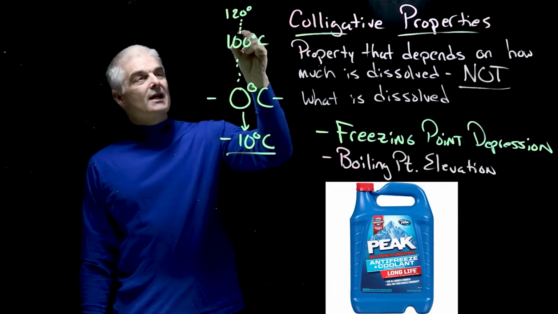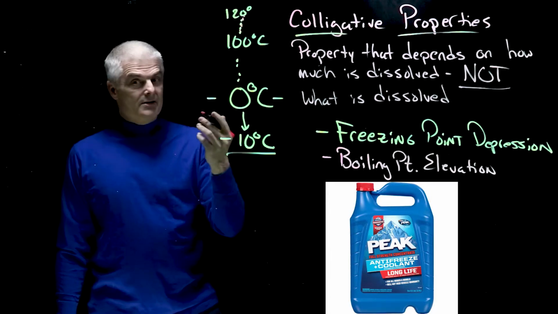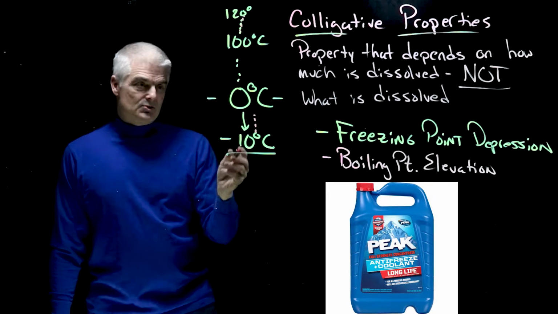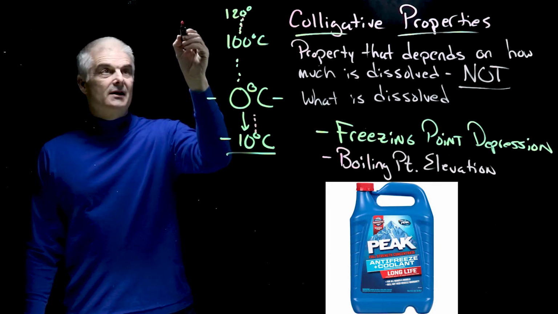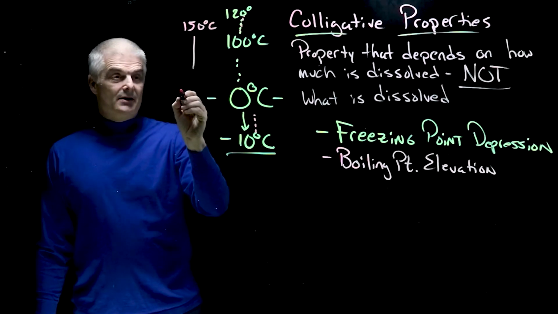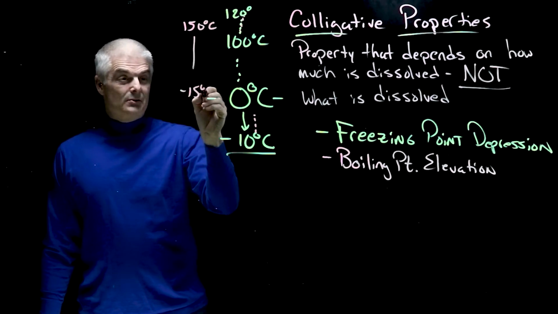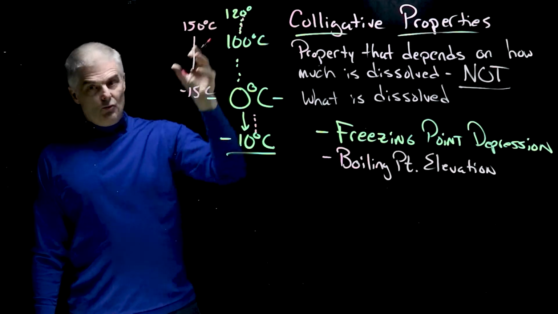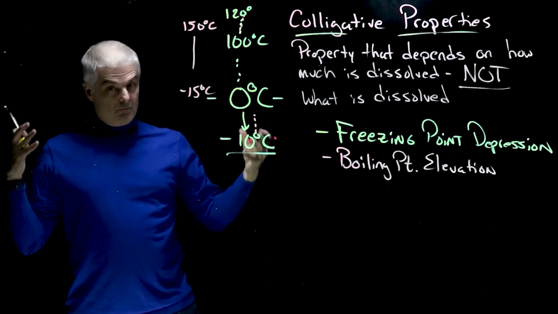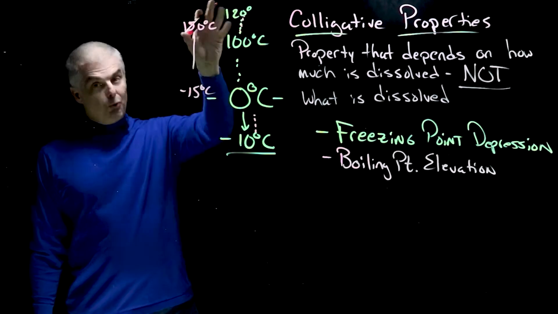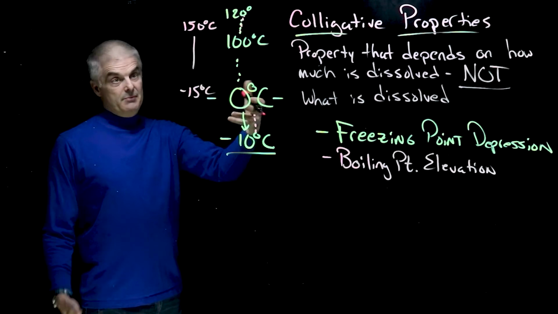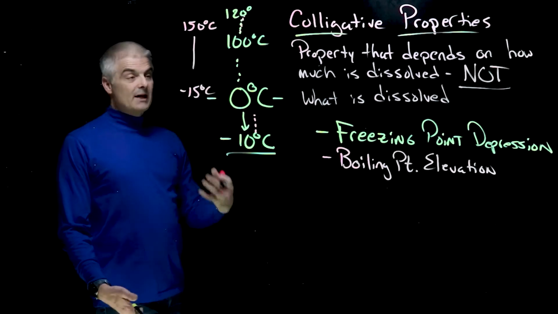And by the way, it's also sometimes called antifreeze, because it also has a lower freezing temperature. So antifreeze might go from, say, 150 degrees, now this is Celsius, down to minus 15 degrees Celsius. And then when it's super cold, it doesn't freeze, expand, and break your radiator, and it doesn't boil away when the engine's hot, either on a summer day or just because the engine itself is running. So a lot of interesting things.